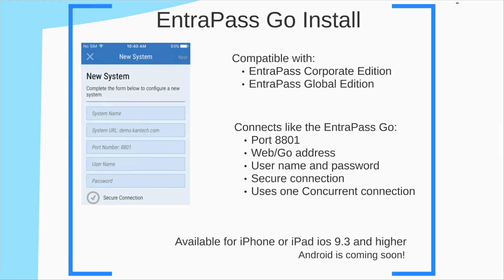You can now use the same credentials to enter that information onto the EntraPass Go install, by simply adding the same username, the same password, the same link, and the same port. If you do have standard SSL encryption, you can check the box for secure connection, thus making the connection secure. It's available for iPhone and iPad, iOS 9.3.